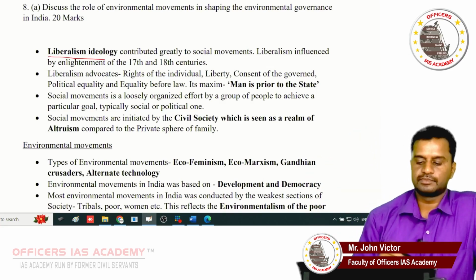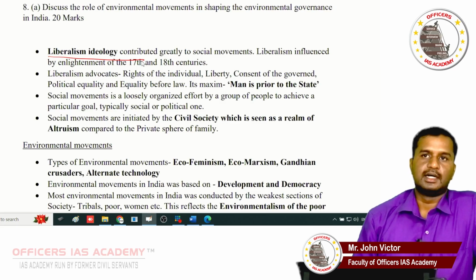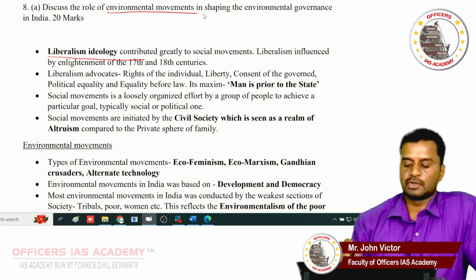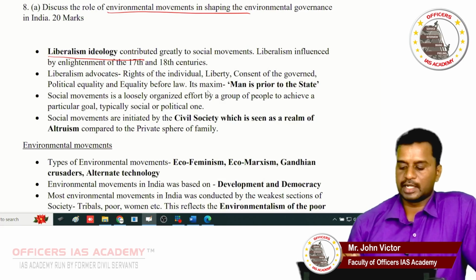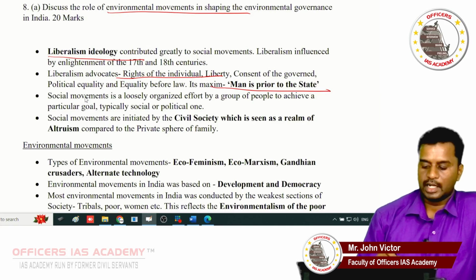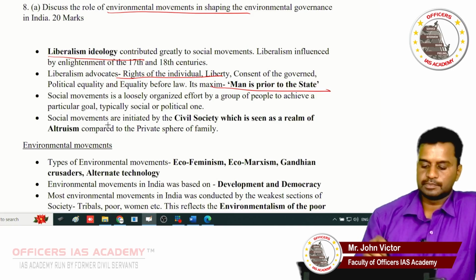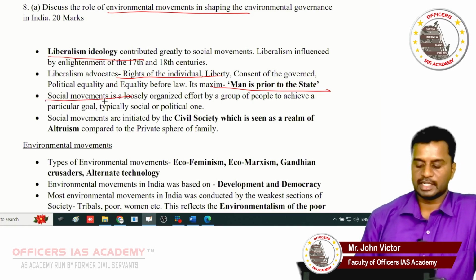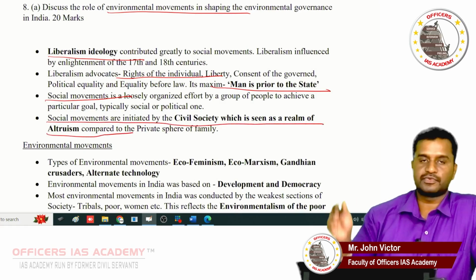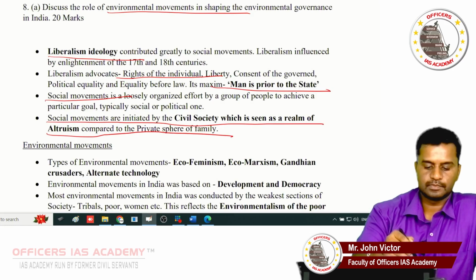It is liberalism which gave the opportunity for people to conduct movements around the world. Man is prior to state, rights of the individual. Social movements are influenced by liberalism. Social movements are initiated by civil society, which is seen as a realm of altruism compared to the private sphere of family. Mention these points.